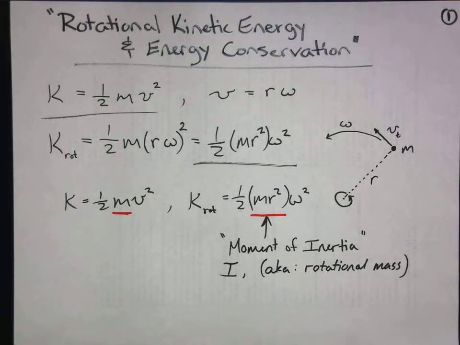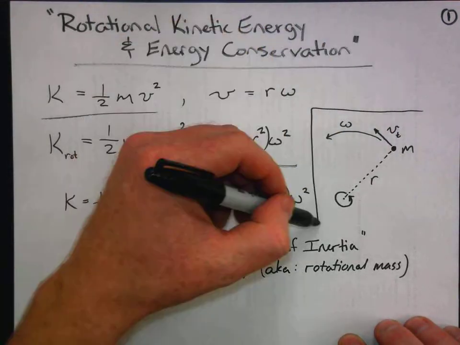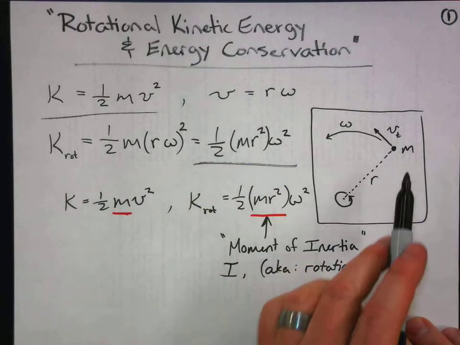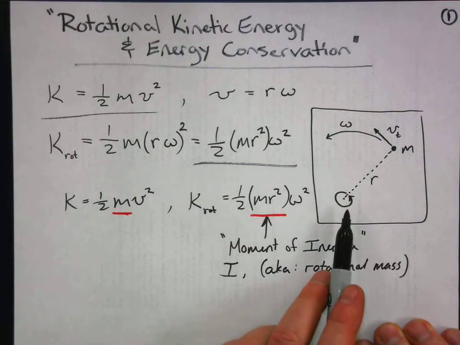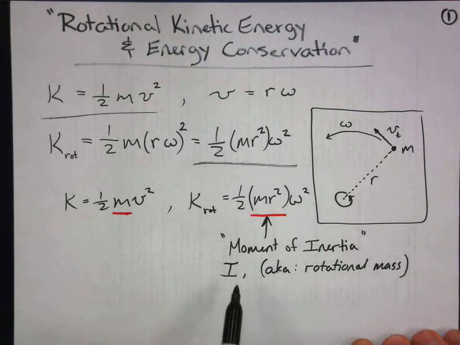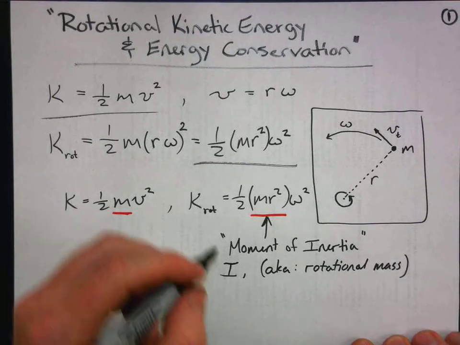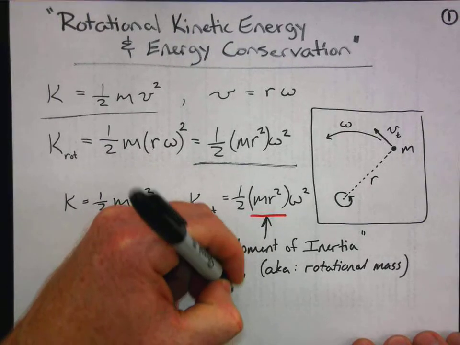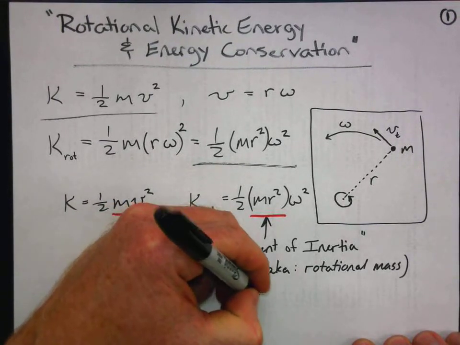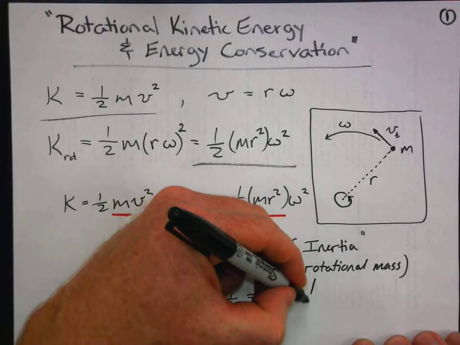So here's the deal though. Remember that our situation is pretty specific. We're looking at a point mass rotating around an axis, a certain distance away from that axis. So the value of I in this case is mr squared. But you want to make a note that I will not always equal mr squared.